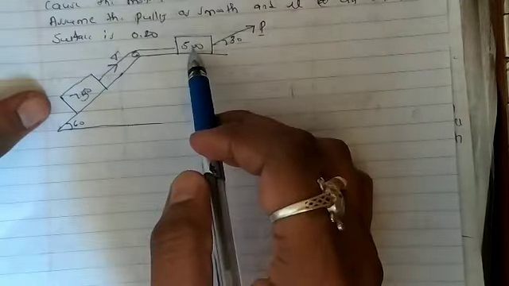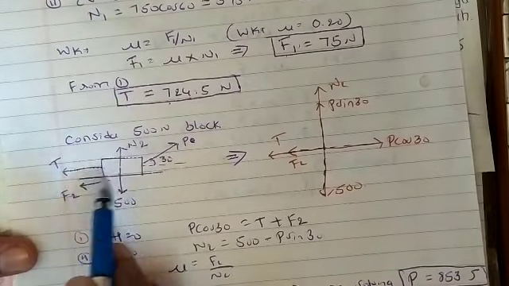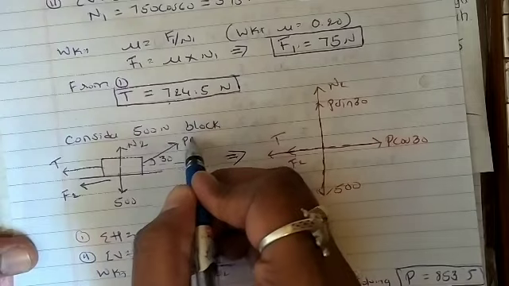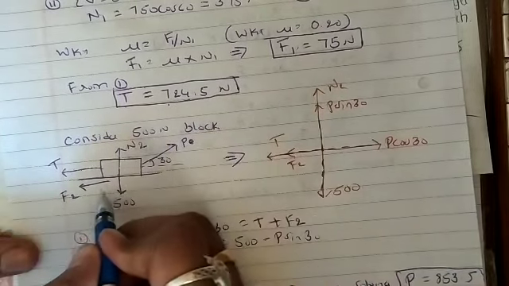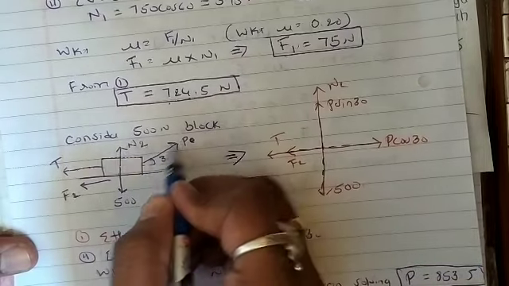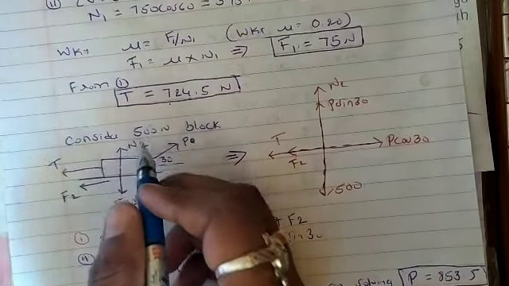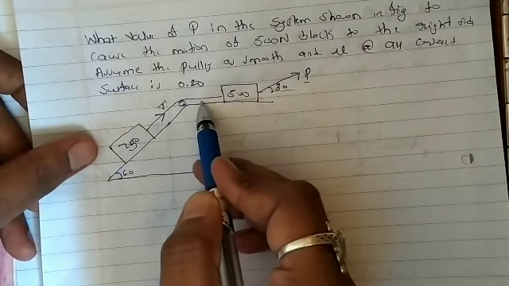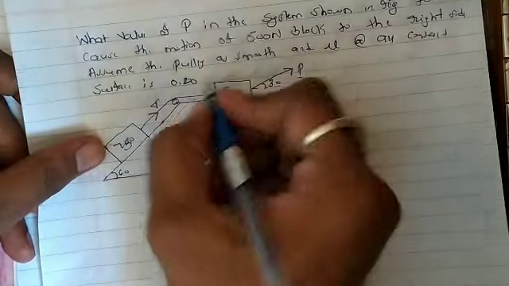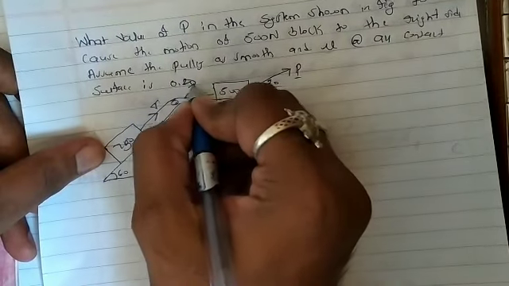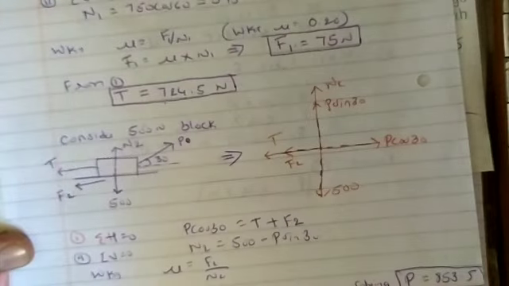Next we'll consider the FBD of the 500 Newton block. As the motion is in this direction, frictional force acts in the opposite direction. This is P, that means this is P cos 30, this is P sin 30. As there is a rope here, tension force acts away from the joint, in the opposite direction.